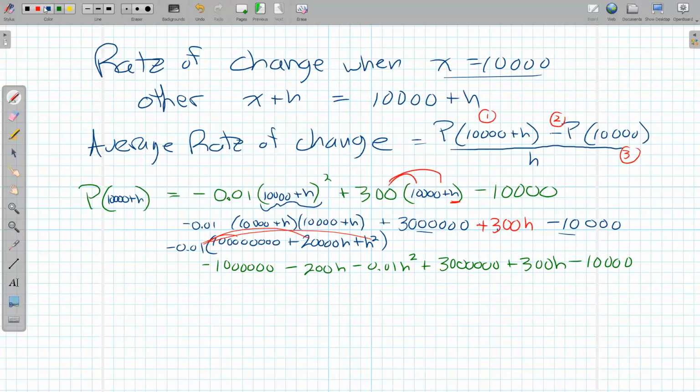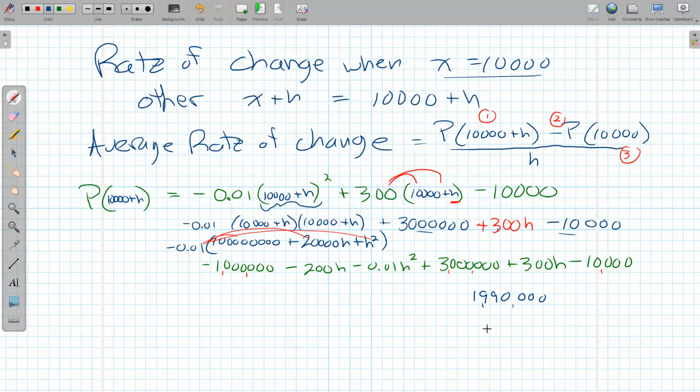Let's throw some commas in so we can keep track of them, and a calculator would be a really good thing here. So that's 3 million, and that's 1 million, so that helps a little bit. So let's see, we've got 3 million minus 1 million is 2 million, and then we're taking away 10,000. So those constants should leave us with 1,990,000?